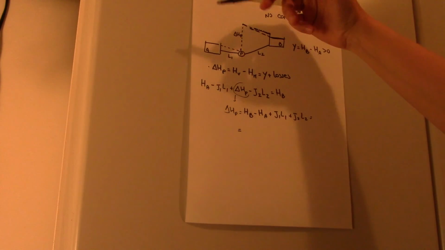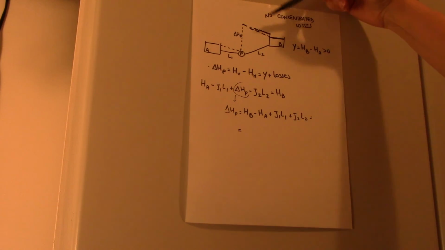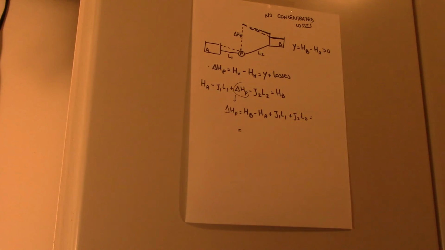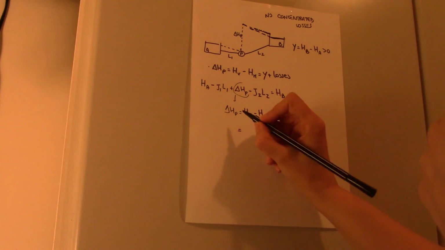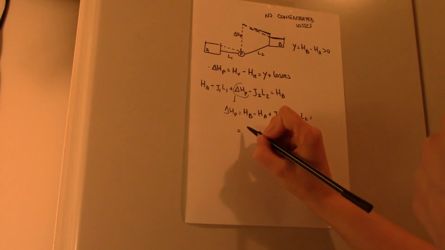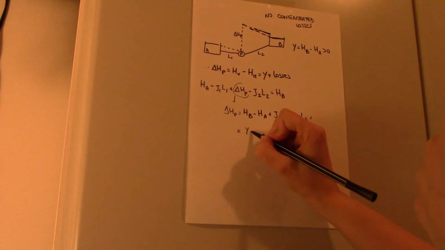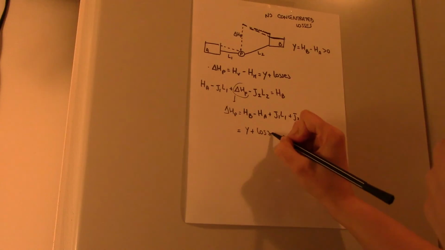Why? The fact that A was greater than B becomes Y less than 0. So in this case we'll have HB minus HA, which is Y plus exactly the losses.